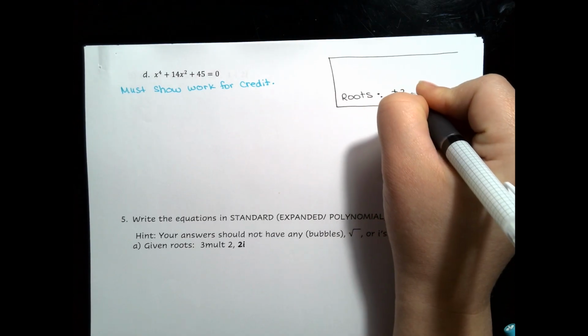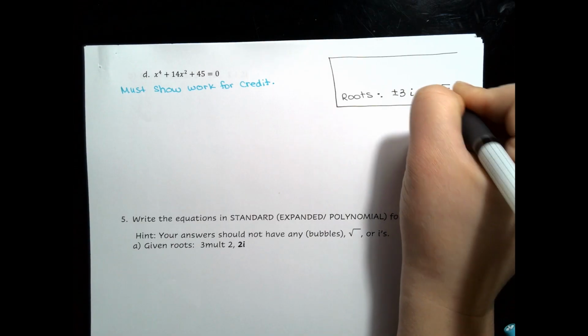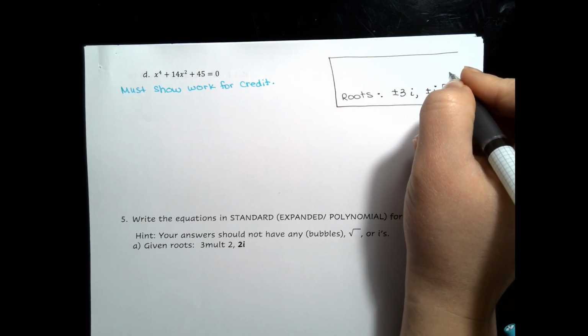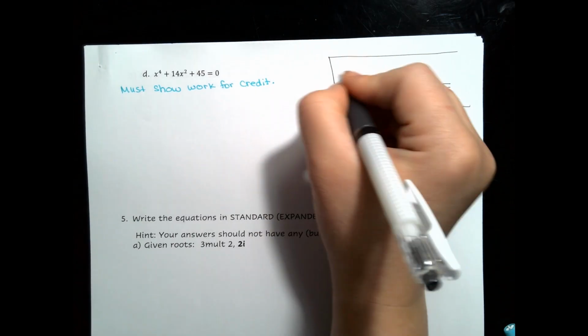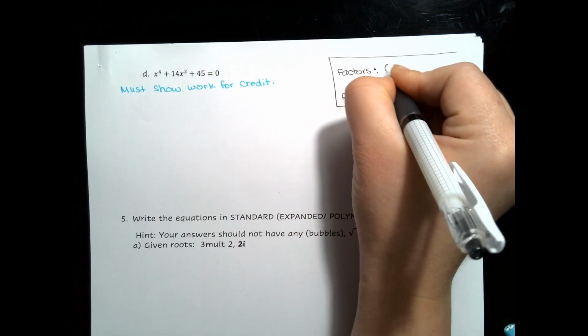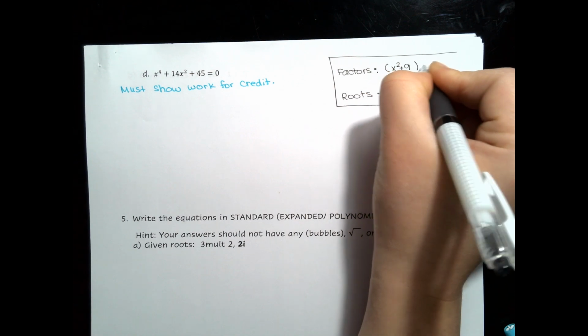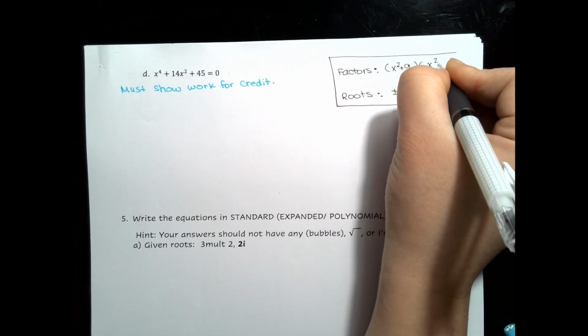We have plus or minus 3i, plus or minus i root 5. So we should have 4 of them. And then we have our factors of x squared plus 9, and then x squared plus 5.